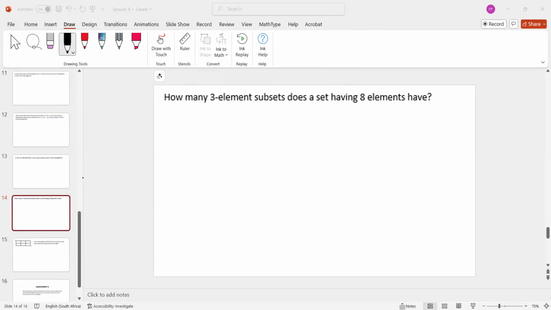And here is: how many 3-element subsets does a set having 8 elements have? Oh, now this is a new kettle of fish. If I had 2-element subsets, in other words, a subset having 2 elements, it's the same as choosing 2 objects from 8 objects, right?